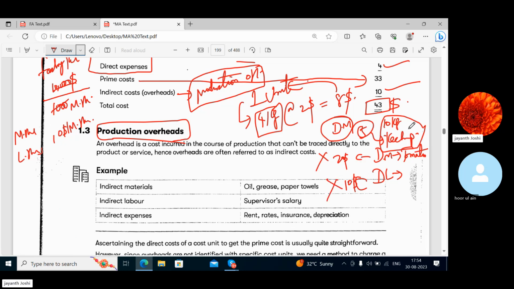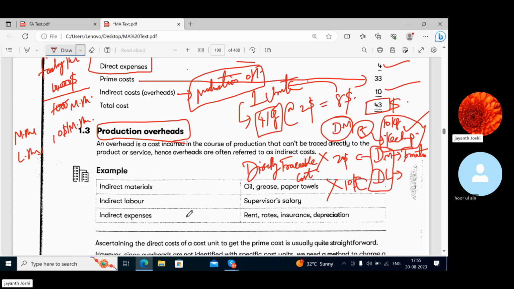These costs are happening only because of this particular activity called ketchup manufacturing. If the ketchup manufacturing division wouldn't have been there, these costs wouldn't have been incurred, right? So these are directly traceable costs.